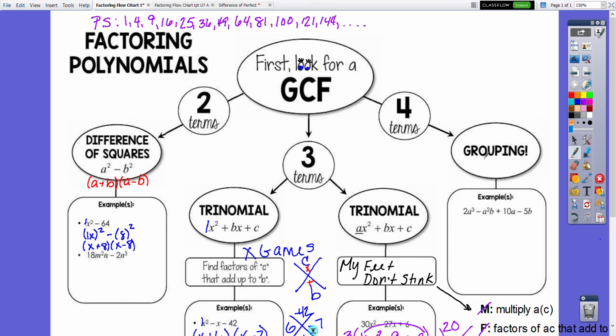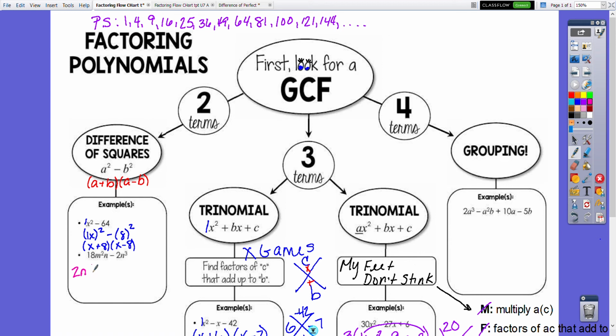Don't forget, your first step is to always look for a GCF. So do I have a GCF? Yes. My GCF here is 2. But what else do both of these terms have? Well, they both also have at least one n. So I'm taking the n out also.